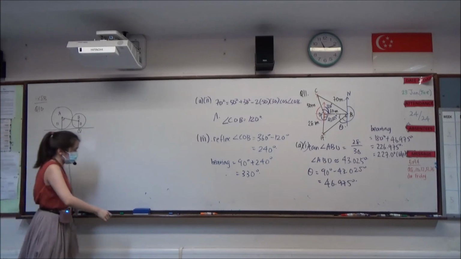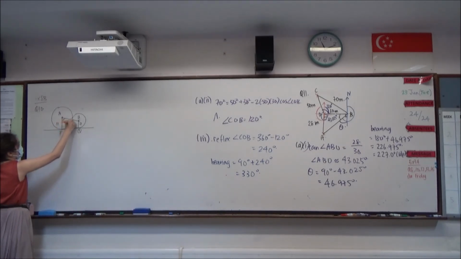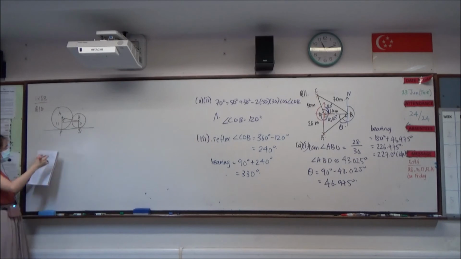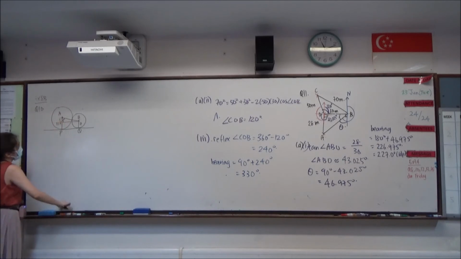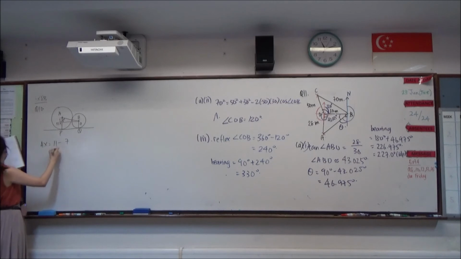What we should do is chop it into a rectangle and a triangle, such that the triangle is the right angle one, so that I can find out what this length here is. If I label this as x, that would mean that AX is actually 11 minus 7, and I get 4 cm.